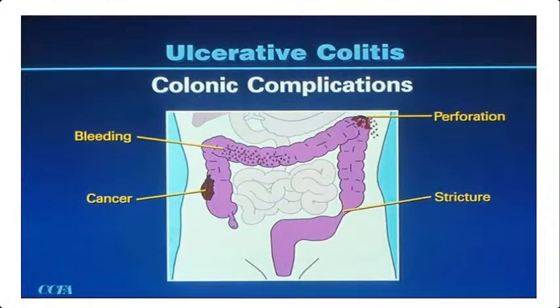Complications of ulcerative colitis, with all that going on, the acute inflammation that goes on to become chronic, and there are relapses and healing and so on. The risk for cancer is real.